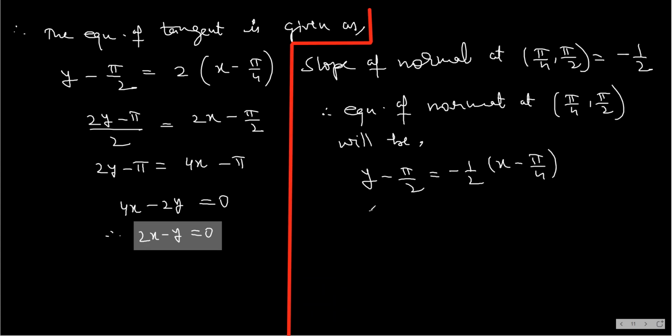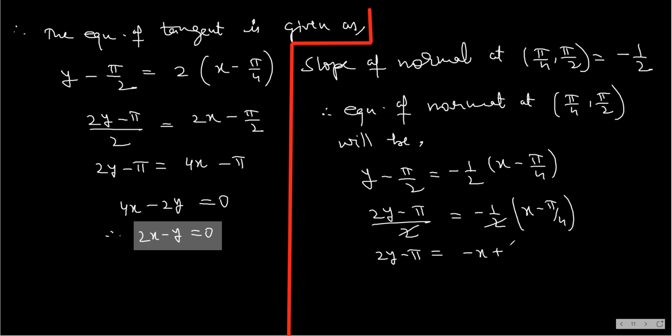Okay, take LCM here, 2y minus pi upon 2 equals to minus 1 by 2 into x minus pi by 4. Don't do anything here. Now see, this 2 and 2 cancels. So you have 2y minus pi equals to minus x plus pi by 4.